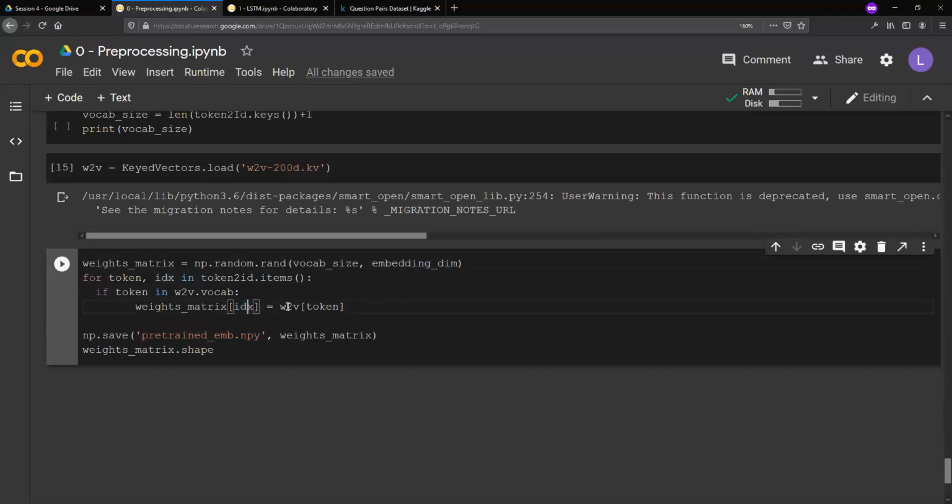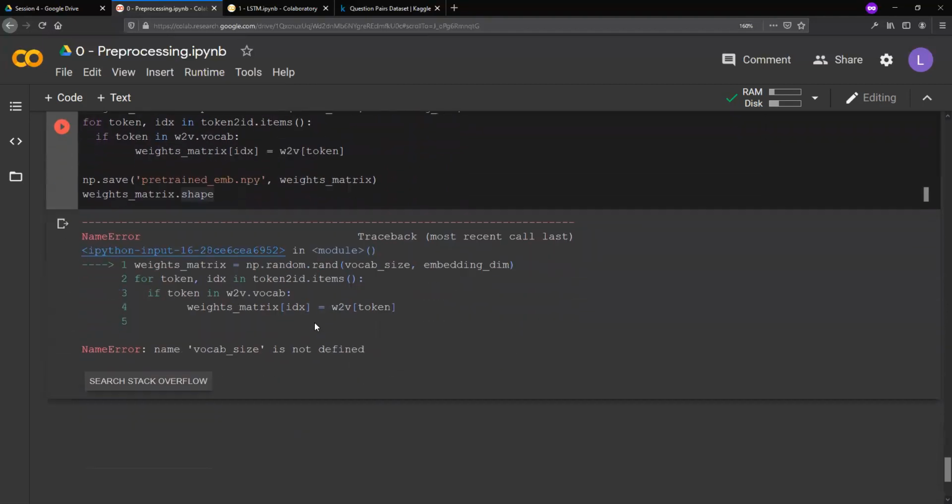So each row in the matrix is represented by its specific word ID. The word with ID 1 will have its weights in row 1 of the weight matrix. So all we have to do is get the word vector from our Gensim model and transfer it over. And we're going to go ahead and save that.